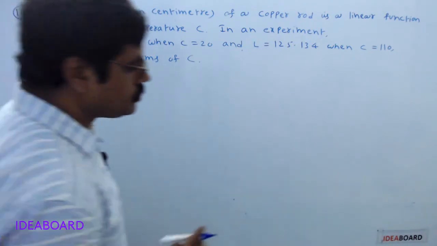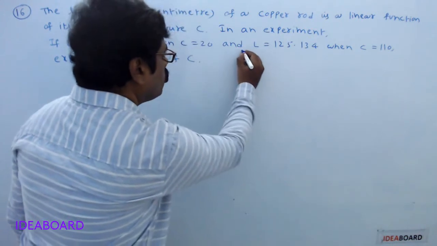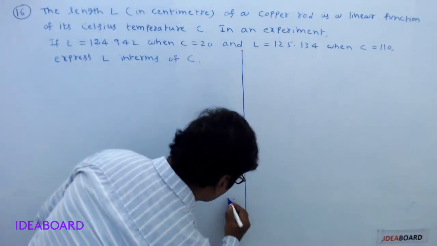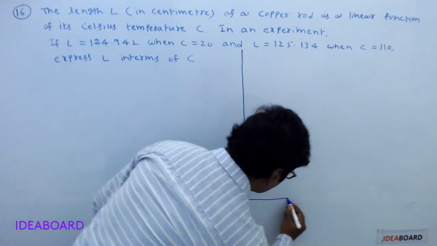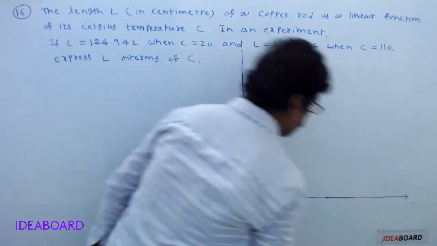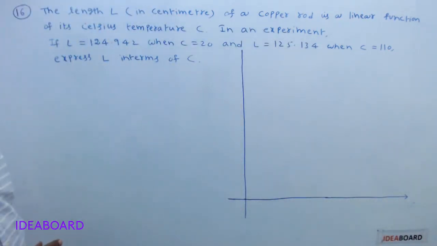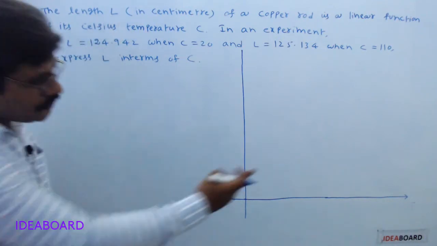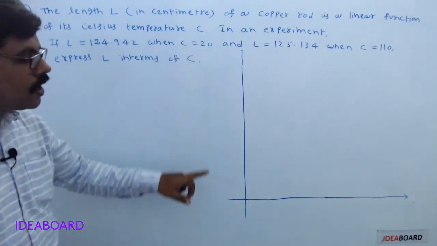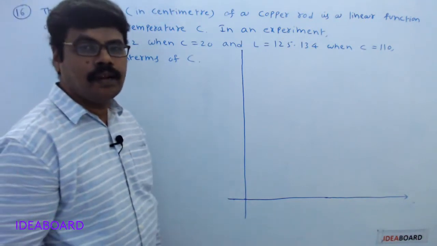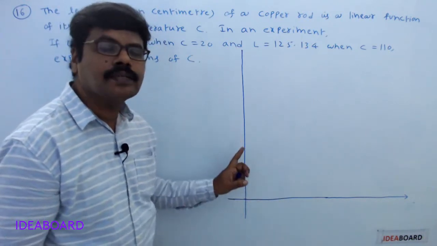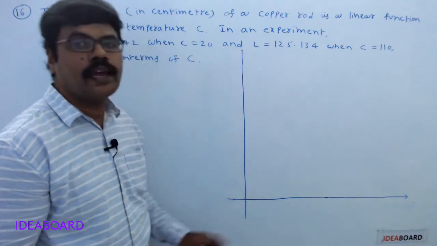Now take the coordinate axes. Let us take the values of the length of the copper rod along the x-axis and the corresponding temperature C value along the y-axis.